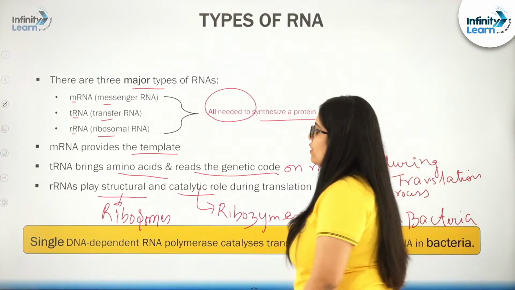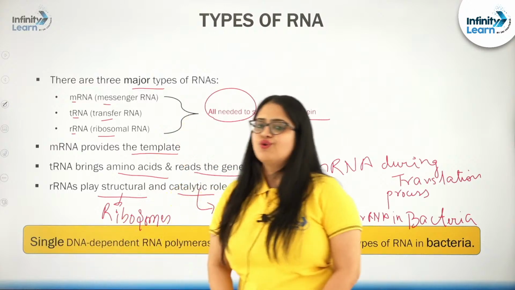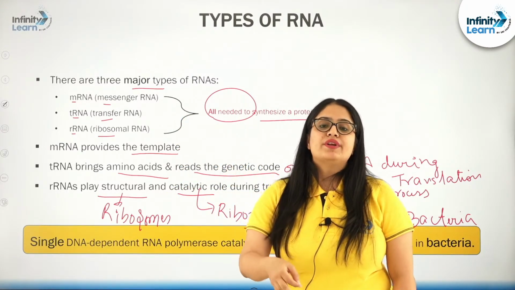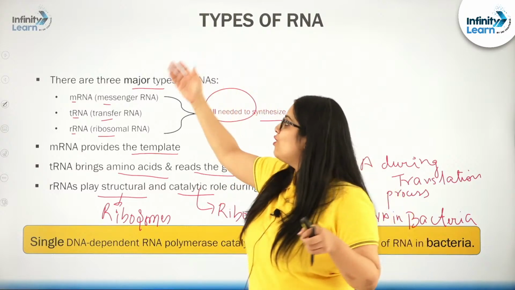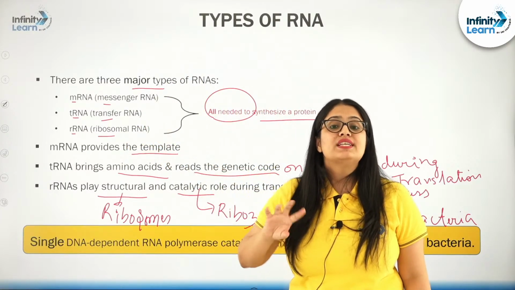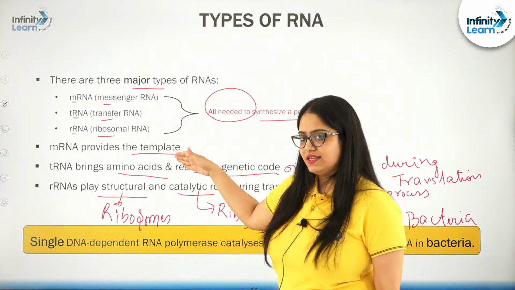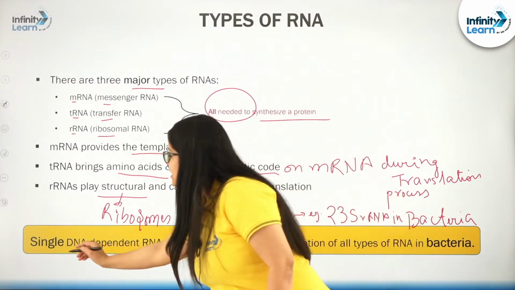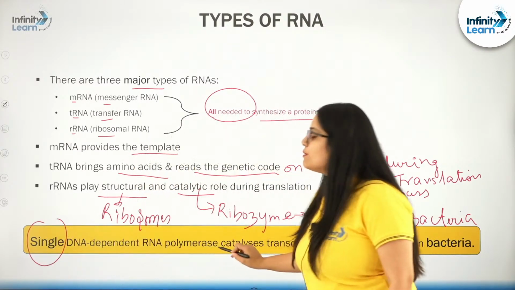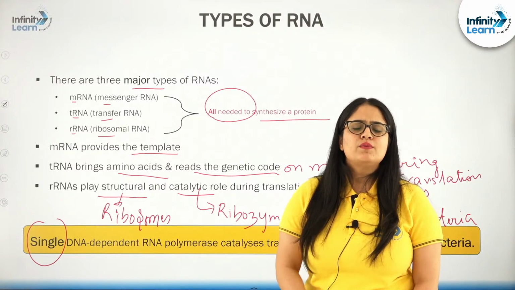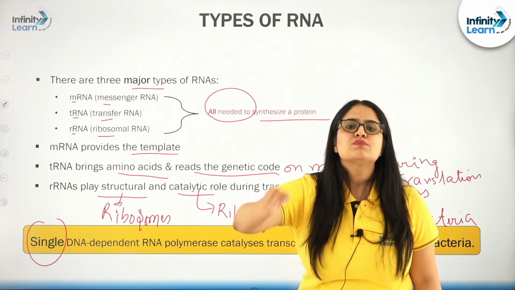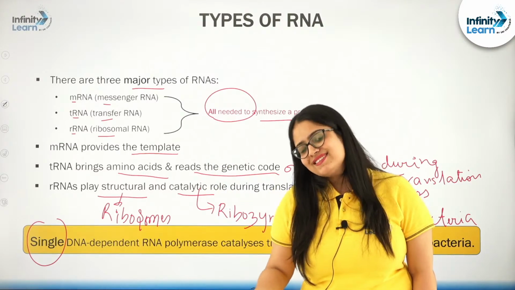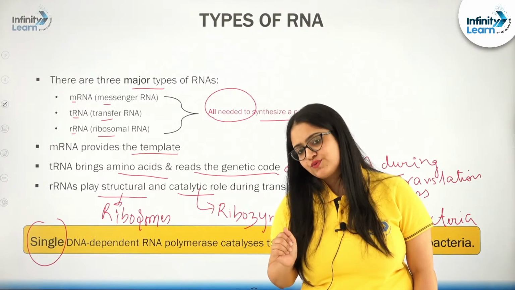Right students, one very important piece of information you should note is that a single DNA dependent RNA polymerase is required to form all the three types of RNAs in a bacterial cell or a prokaryote. What is a DNA dependent RNA polymerase? It is the main enzyme responsible for polymerizing the ribonucleotides in order to synthesize RNA molecules during the transcription process.